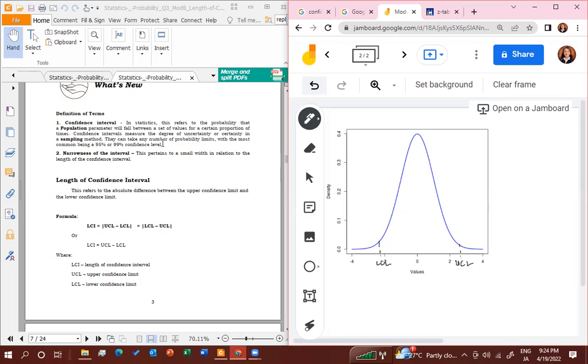They could take up any number of probability limits, but in quantitative studies the most common is the 95% or the 99% confidence level. It is a way of measuring the degree of uncertainty, how certain we are that the values fall under this area right here.